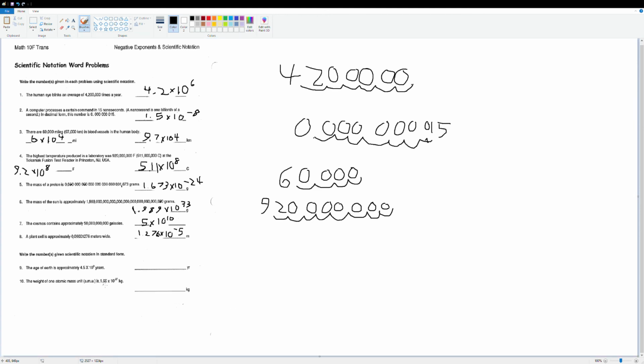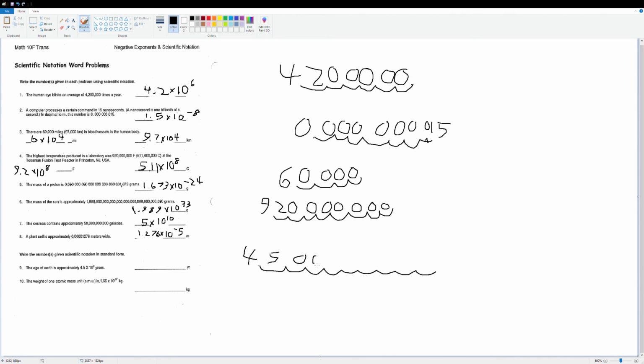For these last 2, the numbers we are given are in scientific notation, so we need to convert them to standard form. So 4.5 times 10 to the 9th. We'll write out 4.5 here, and we're going to move it once, twice, 3 times, 4 times, 5 times, 6 times, 7 times, 8 times, 9 times.